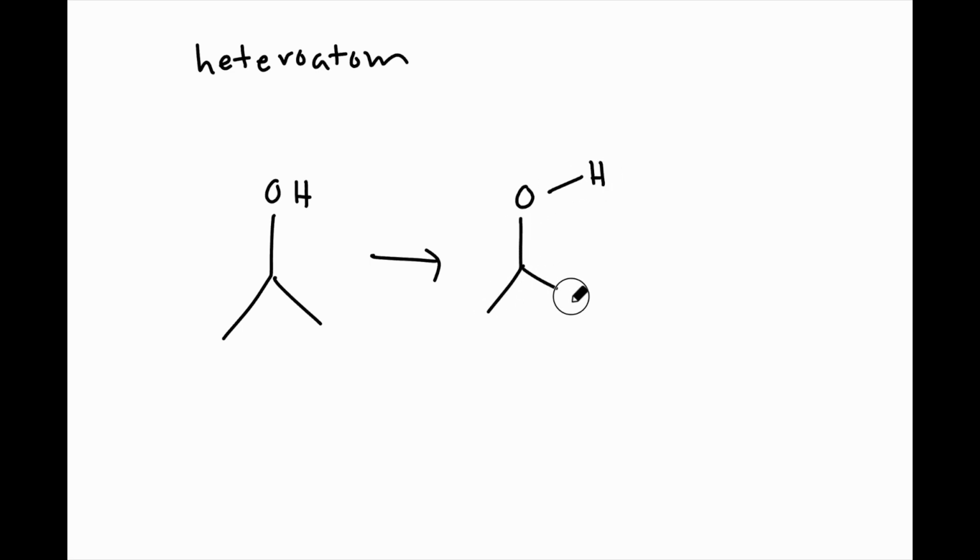So once again, if there are hydrogens attached to non-carbons, they must be drawn. So for example, let's say we have this bond line drawing. And you can either show this as this, or you can also show it as a bond to the hydrogen.